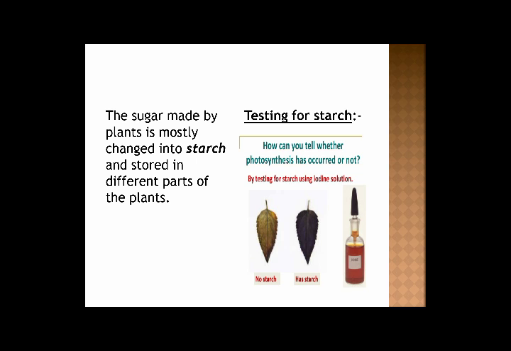So I am repeating again, if we put some drops of iodine on the leaf and it turns bluish black, it means it has starch. And if it does not turn bluish black, it means it does not have starch. Right? So this is how we can easily test for starch by using a few drops of iodine solution.